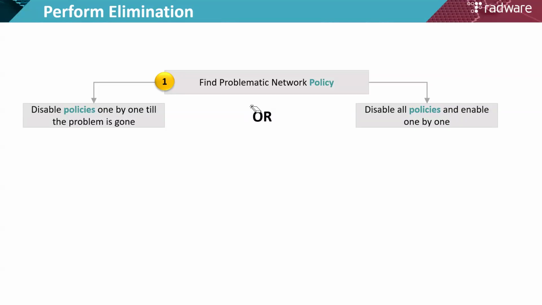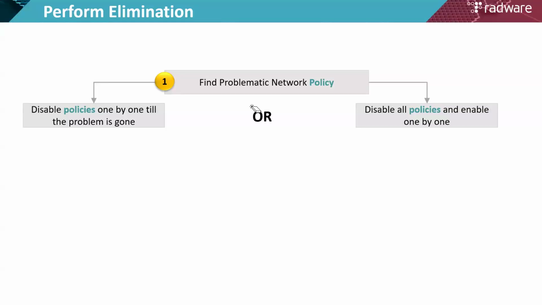You can disable one policy, and if the attack has stopped, or if the problem is completely gone, then you can conclude that the policy you disabled was causing the issue. Then you can dive deep into that particular policy and check individual profiles to see which profile was causing the issue. Or you can take another approach: disable both the policies and enable the policies one by one.